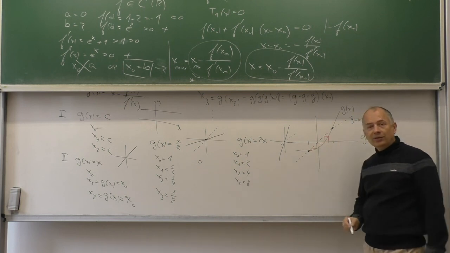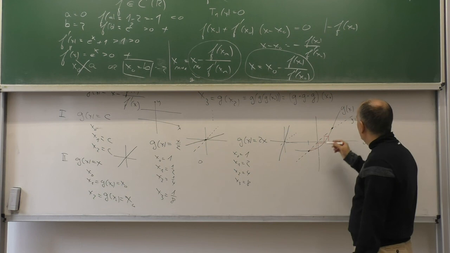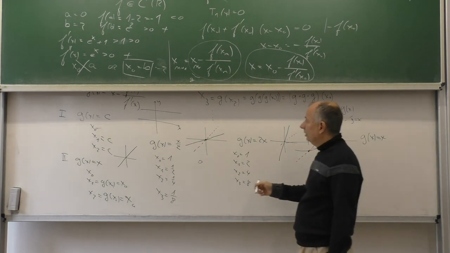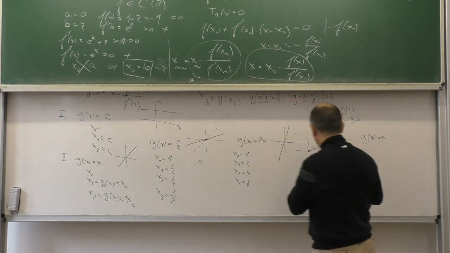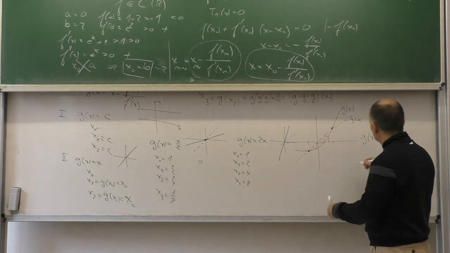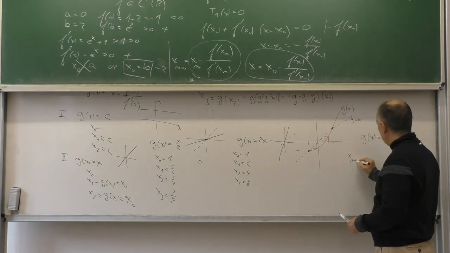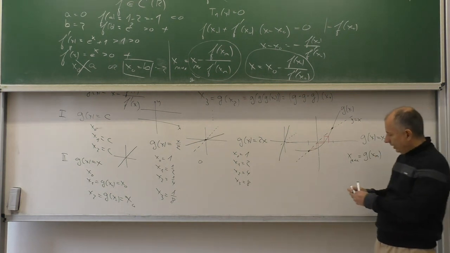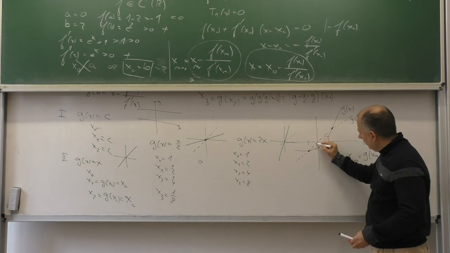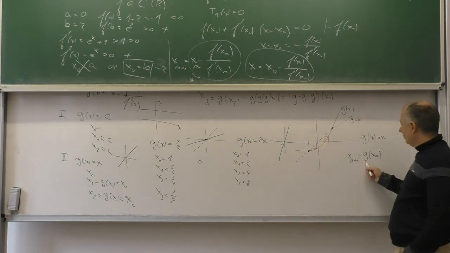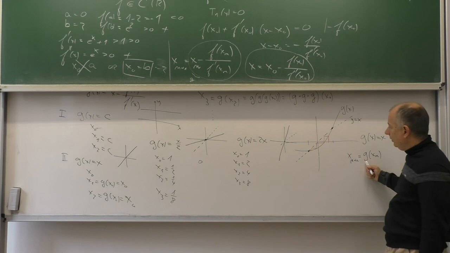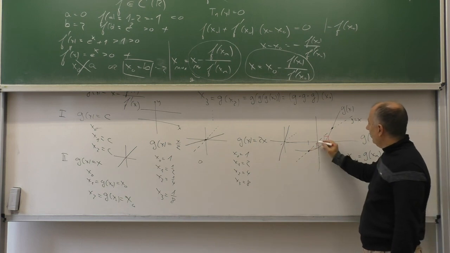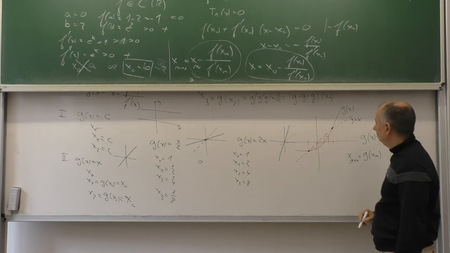And using this zigzag line, we can simulate the iteration x n plus 1 is equal to g at x n. These vertical segments correspond to the function value, to applying the function, because from some x we find the function value, the point on the graph of g.